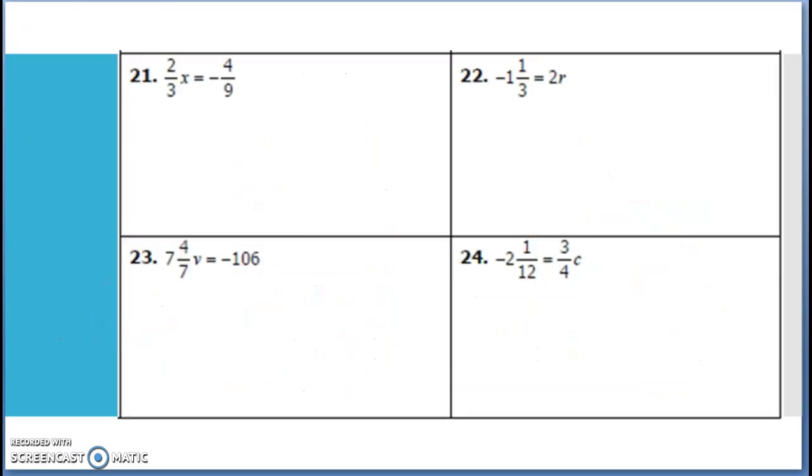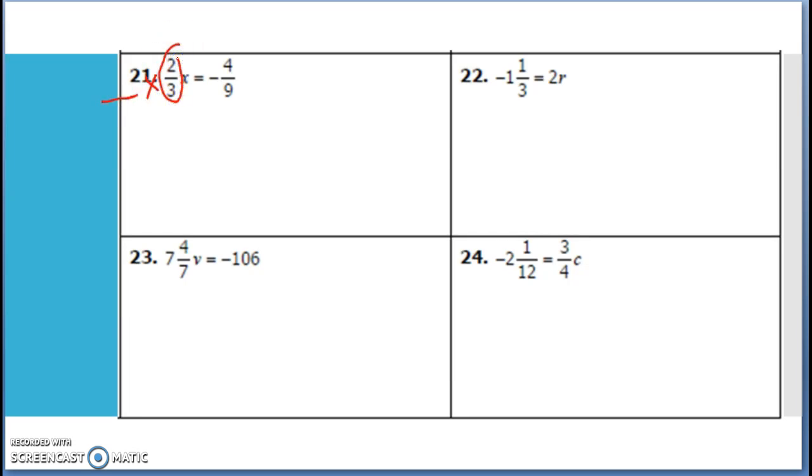Okay, last one's 21. So now we have multiple fractions in an equation. We have 2/3 times x equals negative 4/9. So x is being multiplied. So we know we have to divide, and we're dividing a fraction. So that really means multiply by the flip. So we're getting x alone, so we're multiplying 2/3.